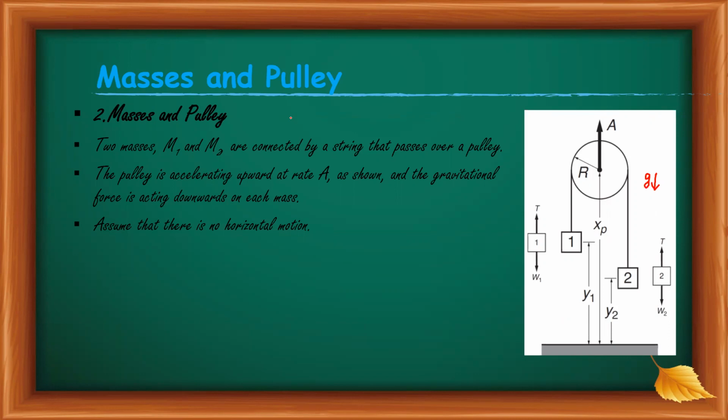The pulley is moving upward with an acceleration capital A, and the masses m1 and m2 may move down or up according to their masses. Here our aim is to find how the accelerations of the two bodies are related.